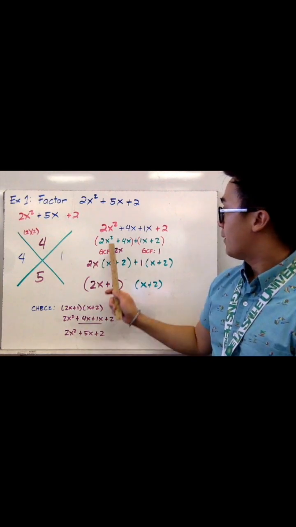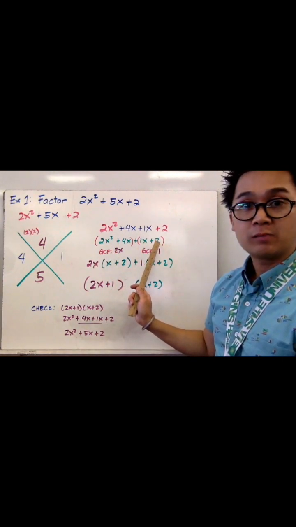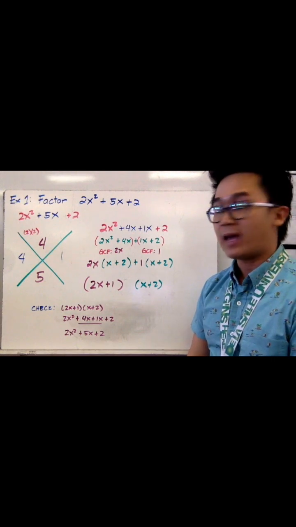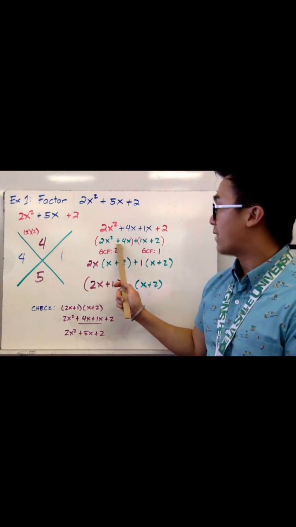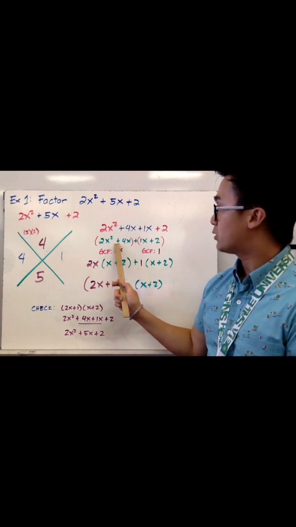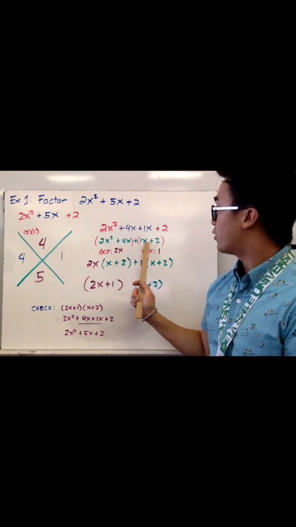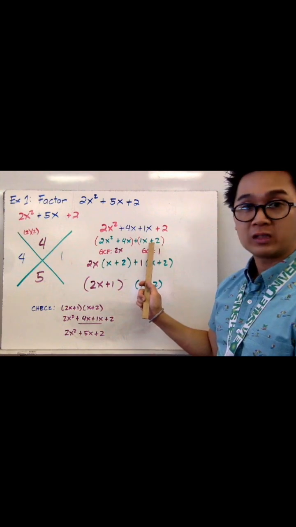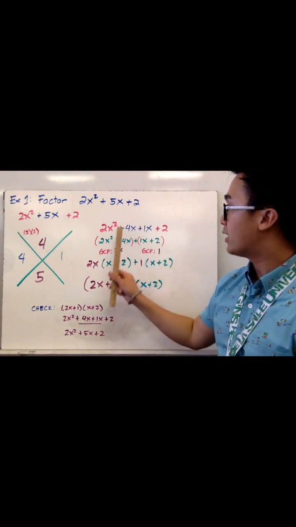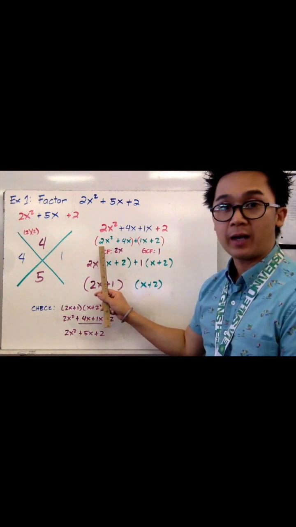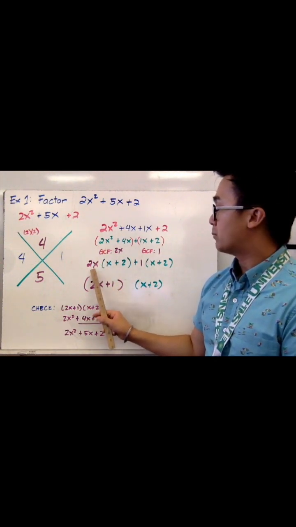In this factoring technique, we're now going to be using our GCF. We can factor out from 2x squared and 4x, and the greatest common factor for these two terms will be 2x. For the second group, our GCF will just be 1. Let's concentrate on the first group and simplify 2x squared plus 4x by factoring.